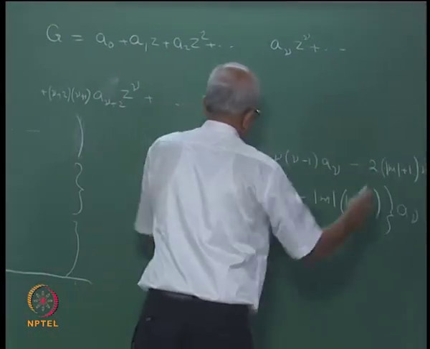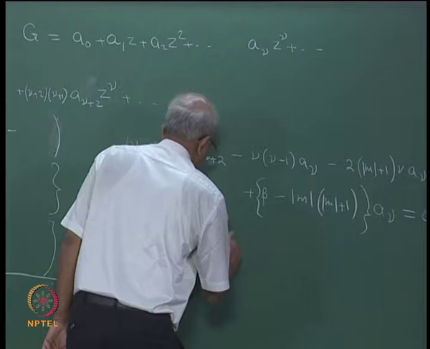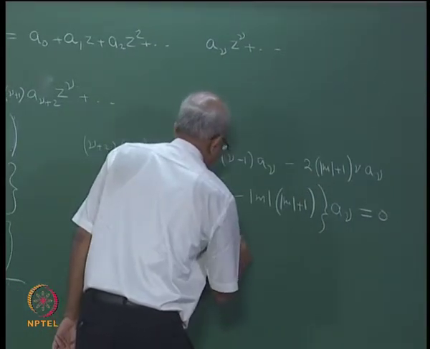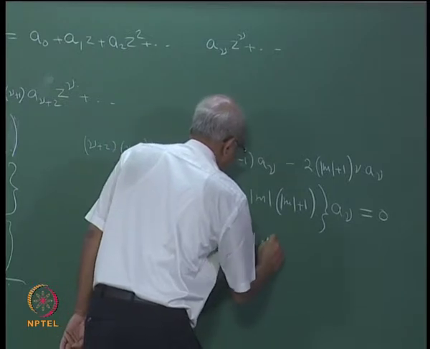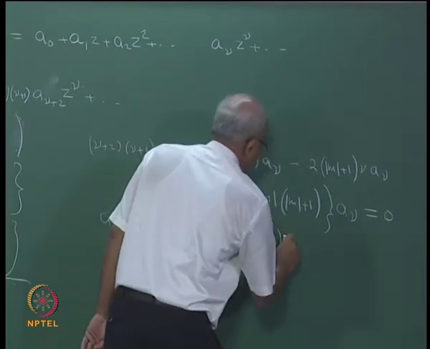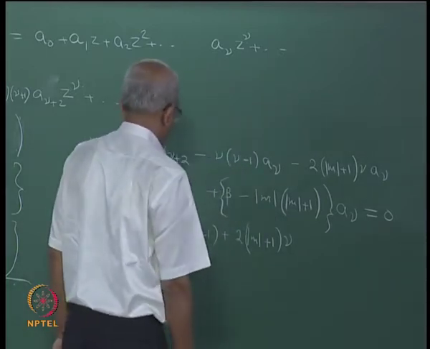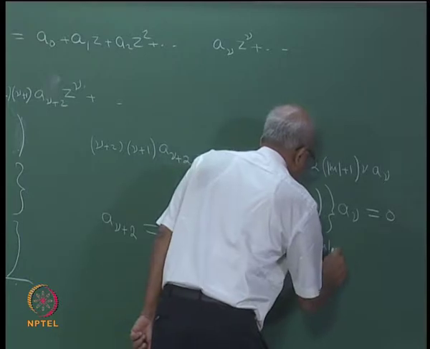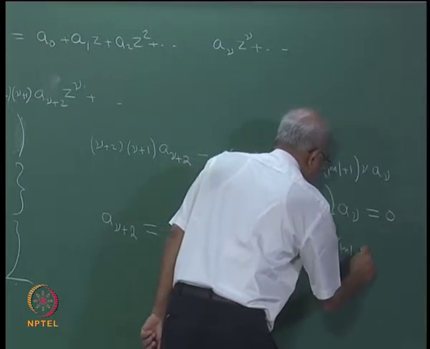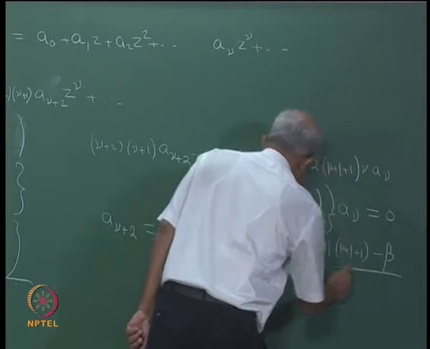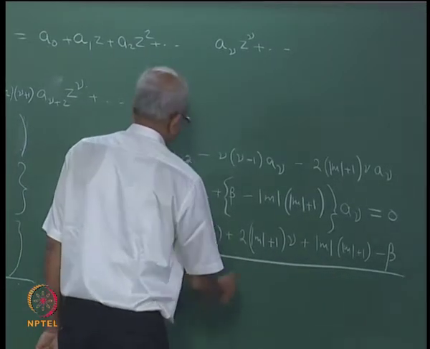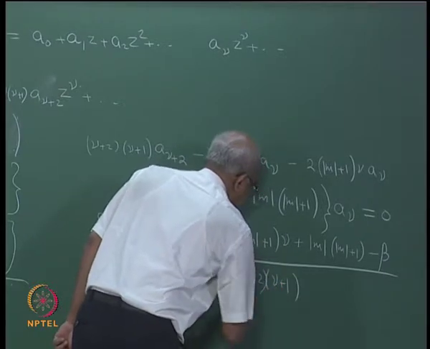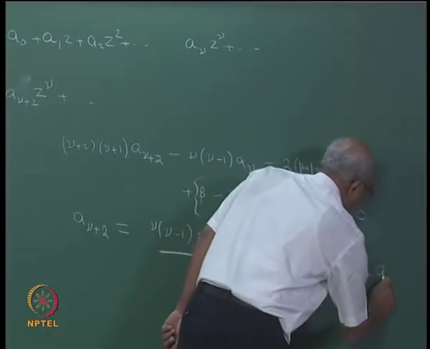So, if I took them to the right hand side, what will happen? I will get nu into (nu minus 1) plus 2 magnitude of m plus 1 into nu plus magnitude of m into (magnitude of m plus 1) minus beta, divided by (nu plus 2) into (nu plus 1), into A nu.